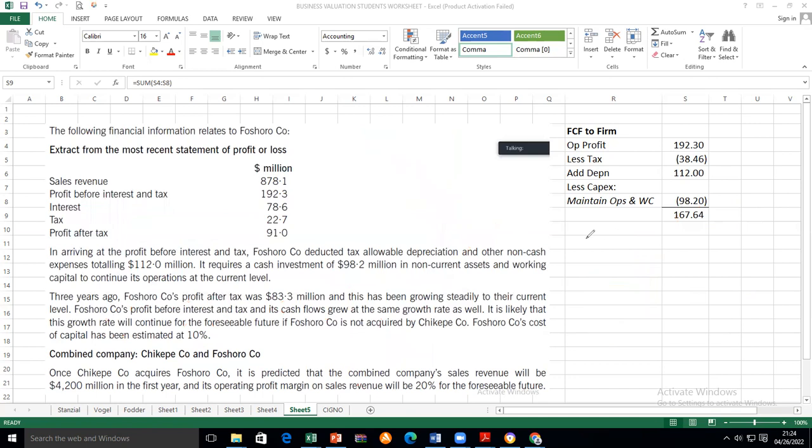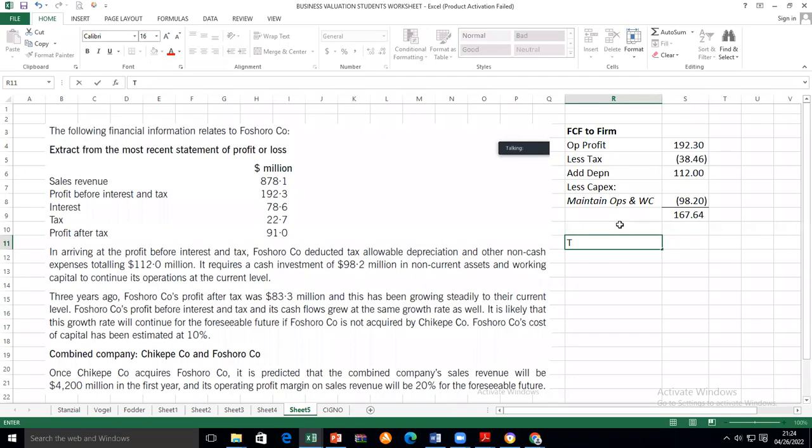So all things being equal then, the total value can be estimated. Let's estimate it. The total value equals 167.64, brackets, multiplied by 1.03, divided by 10% minus 3%.